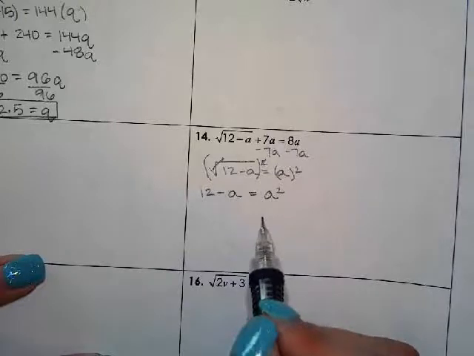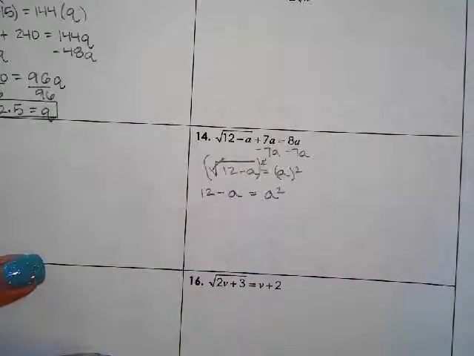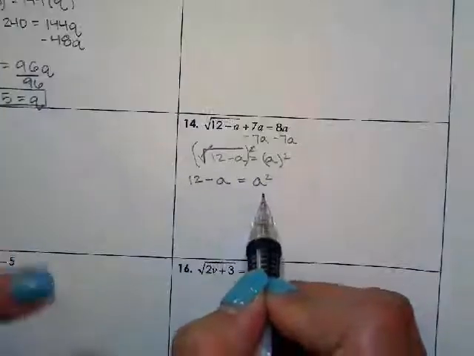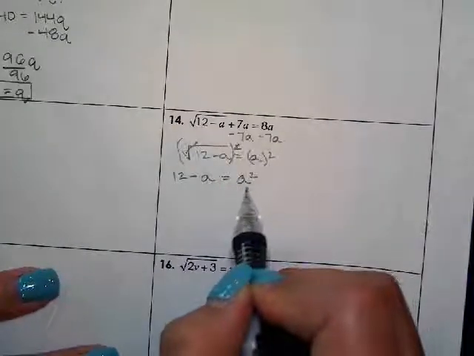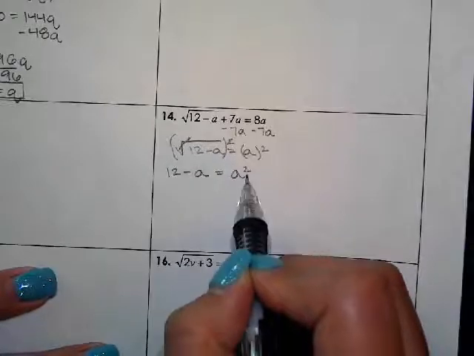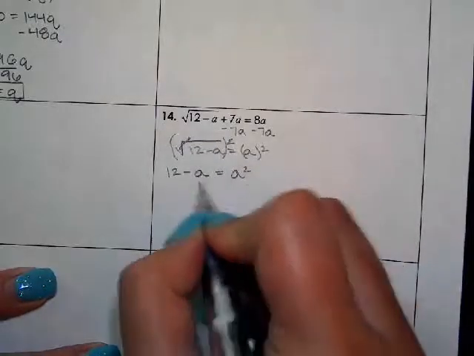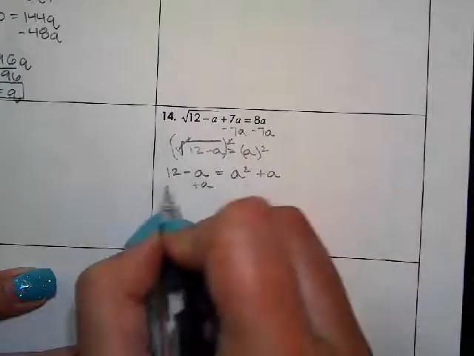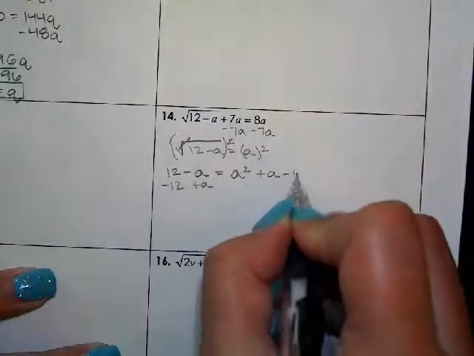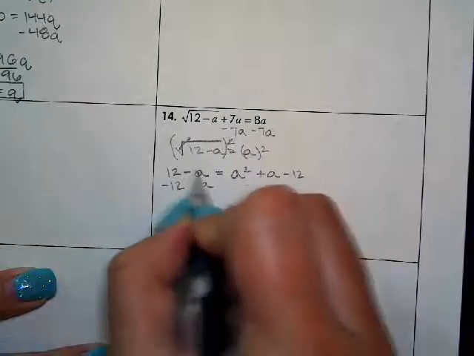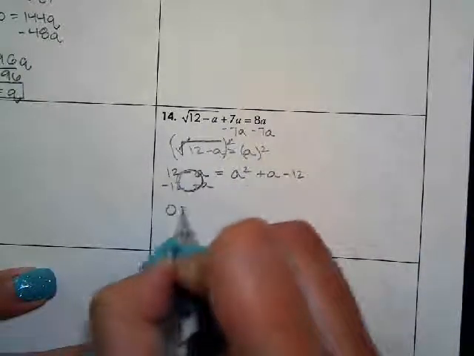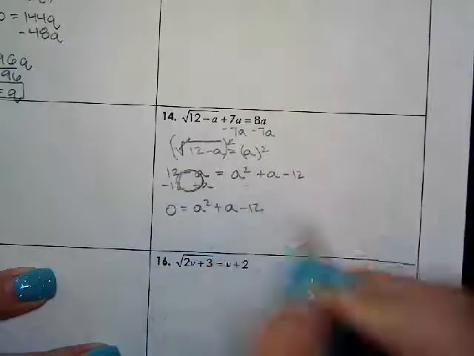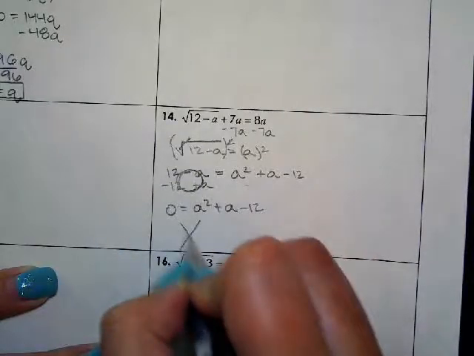I'm going to go ahead and try to factor this. Whenever we factor, we want the squared term to be positive. So I'm going to add this a to the other side, and subtract the 12 over. So I've got 0 equals a squared plus 1a minus 12. I'm looking for two numbers that multiply to negative 12 and add to positive 1.